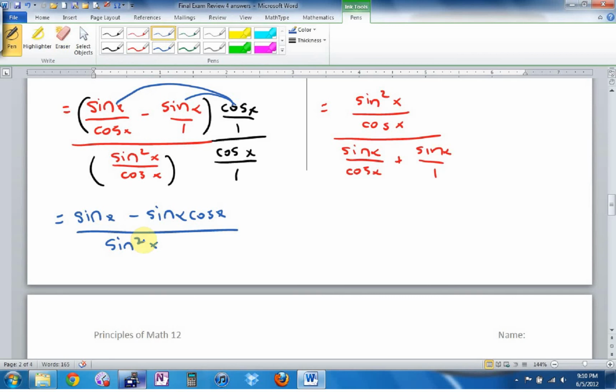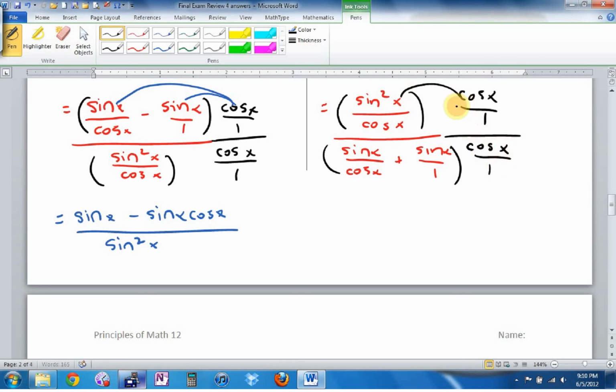Over here, I'm going to do the same thing. I'm going to multiply the top and the bottom by the common denominator, which in this case is cos x over 1 over cos x over 1. On the top, I get the cos canceling.